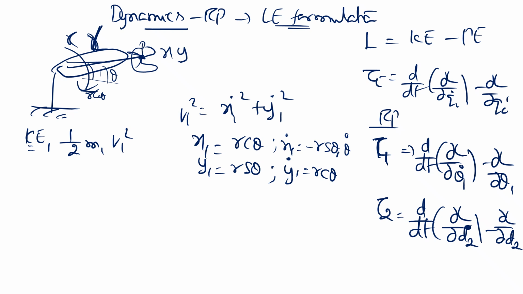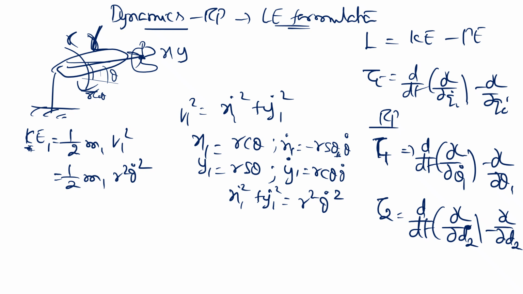Theta 1 is not an issue because the other term is d only. So x1 dot square plus y1 dot square, when you combine them, is r square theta dot square. So the kinetic energy is half m1 r square theta dot square.